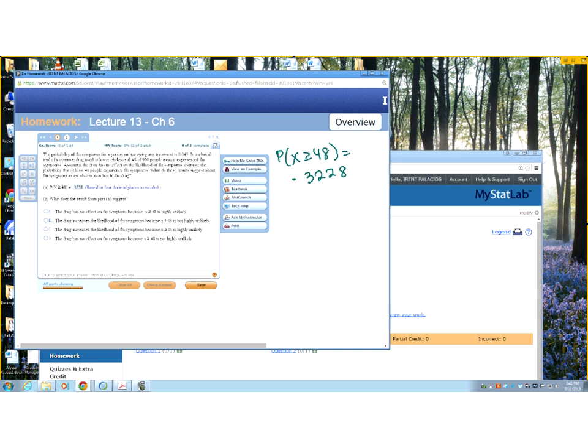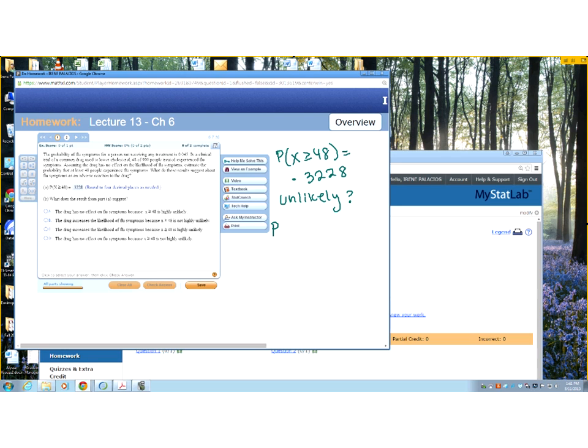So what we have to determine is, is this probability unlikely? That was from a long time ago, right?